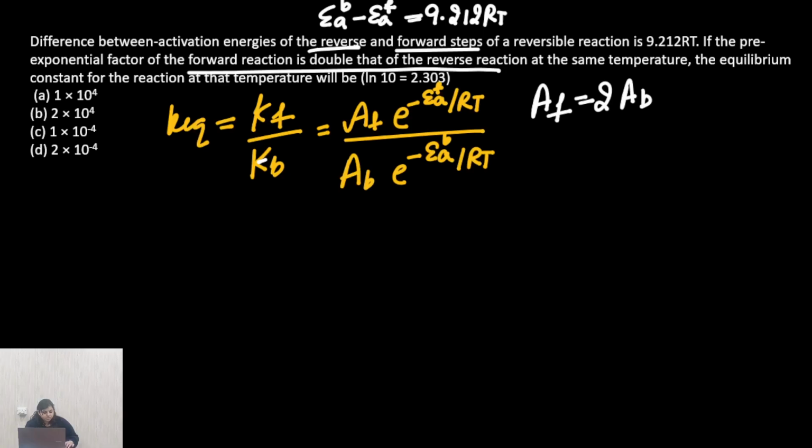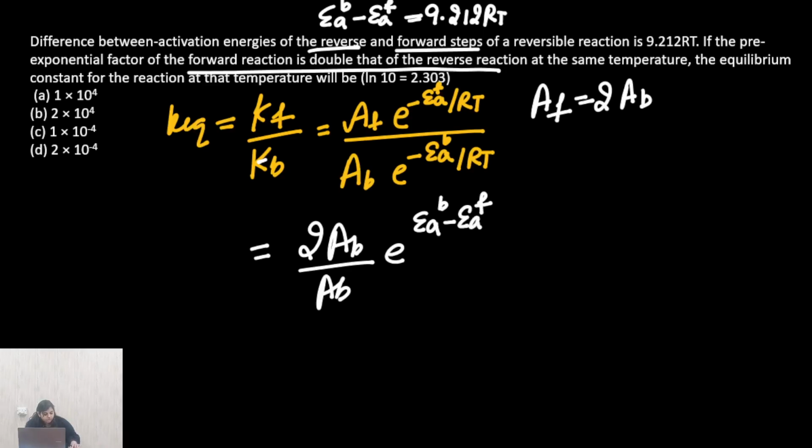So these two conditions which are given, we can substitute. It becomes 2 times AB upon AB into e raised to the power of the activation energy of the backward minus the activation energy of the forward upon RT. So this AB and AB term get cancelled.